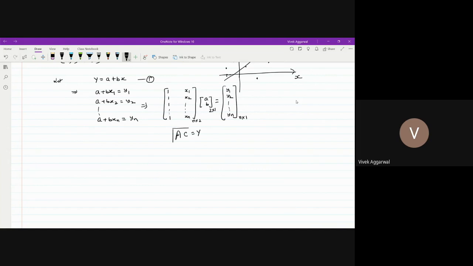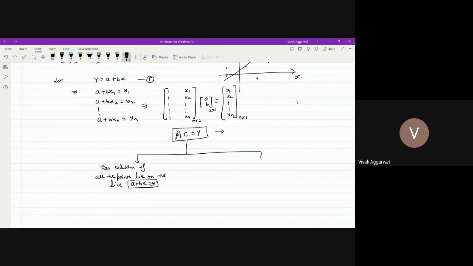This system of equations definitely will have a solution when all the points lie on the line a plus b x equal to y.